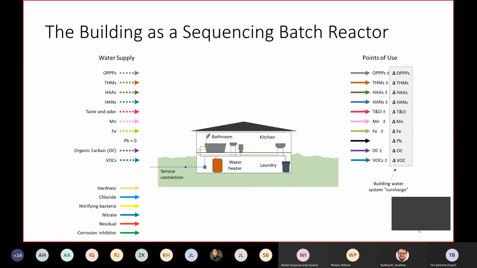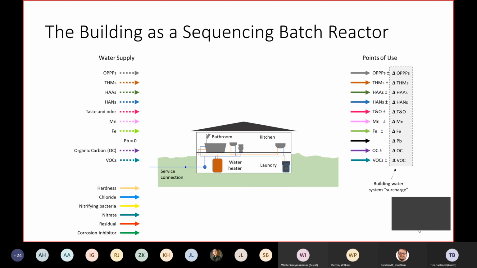All right, so building as a sequencing batch reactor. If you think of a zero-dimensional model, you've got things that come in the water supply. There are pathogens, disinfection byproducts, taste and odor, manganese, iron, organic carbon. There's probably no lead in there. And you've also got additives and other, not contaminants, but other constituents of the water that impact what happens in the building water system, and particularly the residual and the corrosion inhibitor.